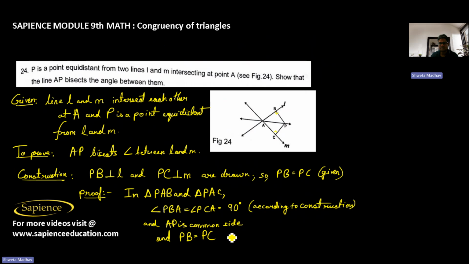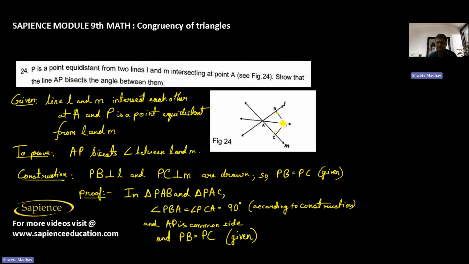And PB is equal to PC, which is also given. So here I can see that in these two right angled triangles, the hypotenuse AP is common and the two sides are equal.